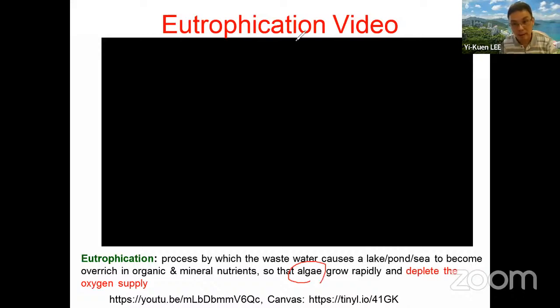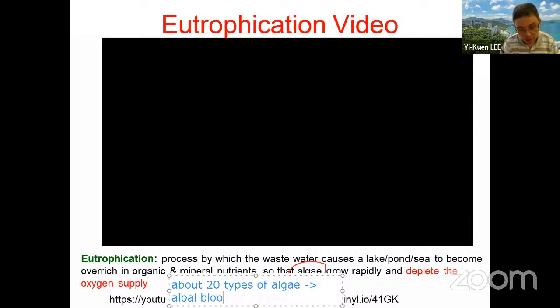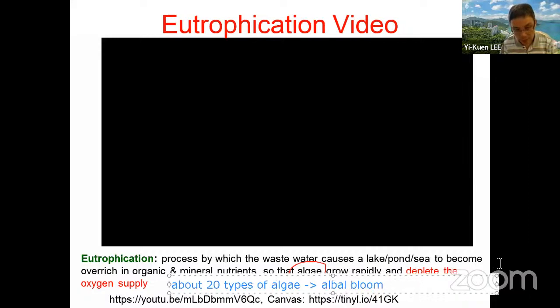There are many different types of species, and about 20 of them are bad and produce algal bloom. So I have this ongoing project with the Hong Kong government and also with Professor Joseph Lee.